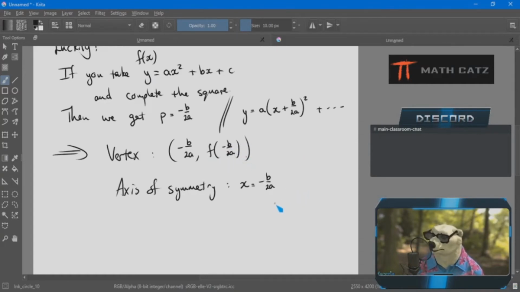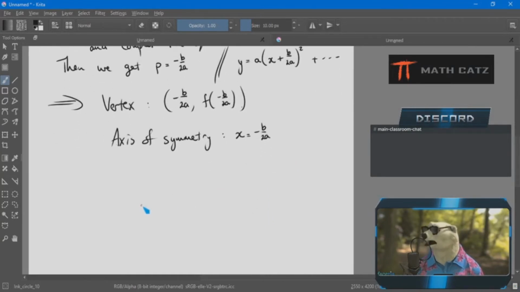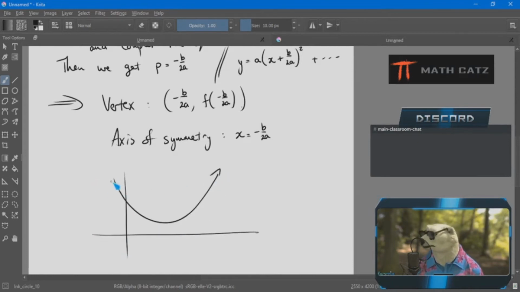There's no issues at all. Let me visualize that. If I have my parabola maybe over here, ooh, that's a nice parabola, man, good. My axis of symmetry is right in line with the vertex, negative b over 2a.